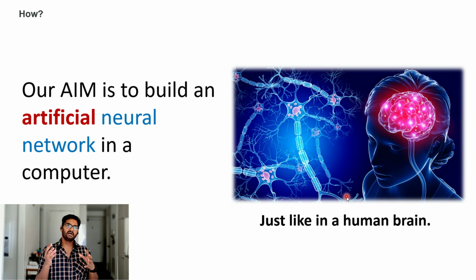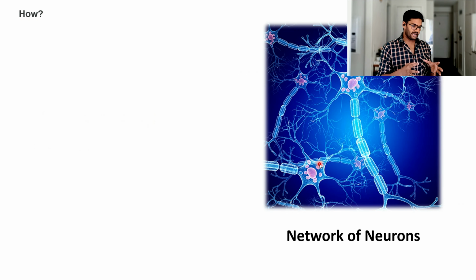And the how part is answered by giving computers a brain just like humans. So our aim is to build an artificial neural network in a computer, just like the way we have in human brains. So if you see the image on the right side, there's a human brain, and within the human brain, we have something called billions and billions of neurons. So if somehow we can build a network of neurons within a computer, we have ideally created a human brain in the computer.